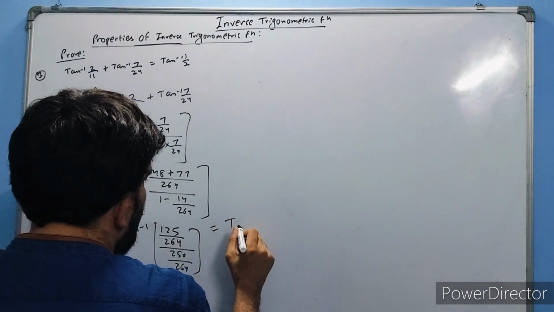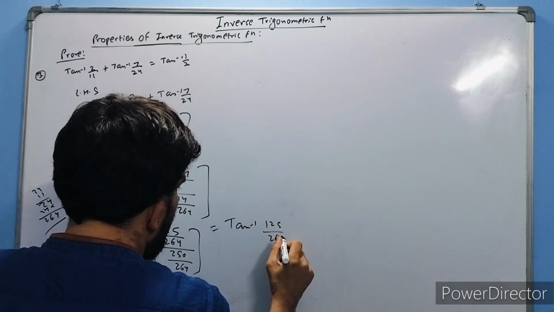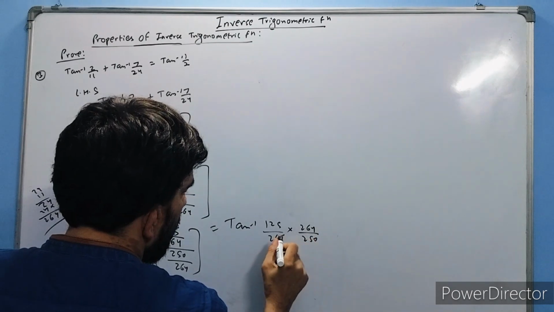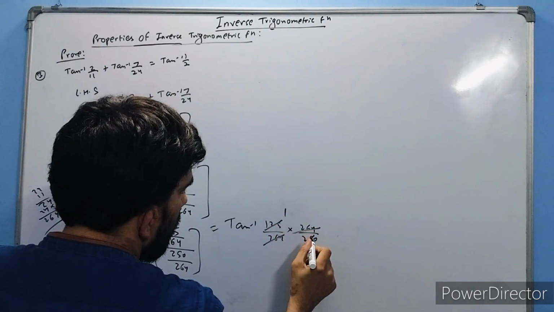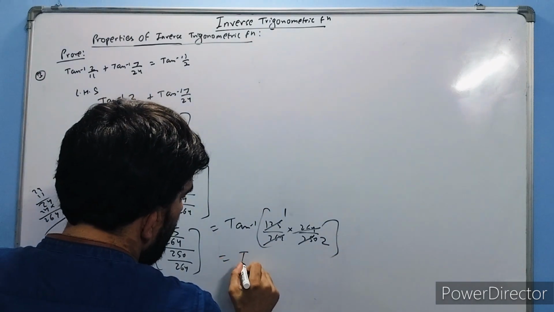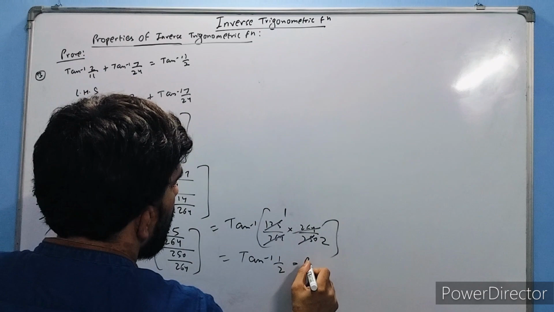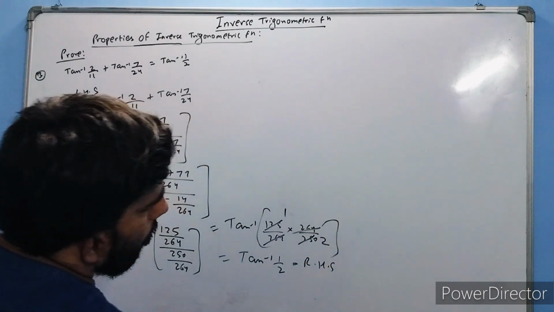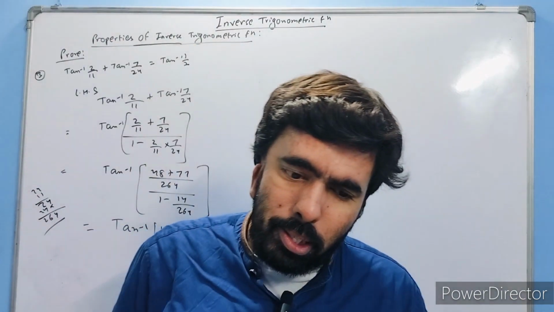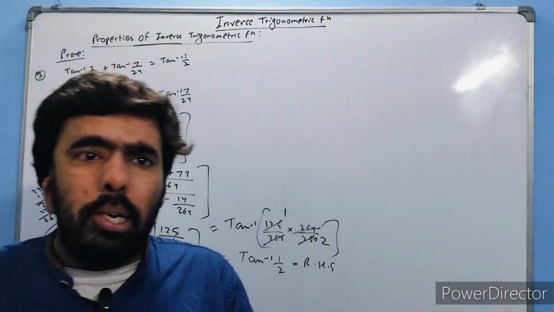We'll multiply by 264 upon 250, and we get 1 upon 2. So now we can write tan inverse half, which is equal to the RHS. That is how we were able to solve the numerical.